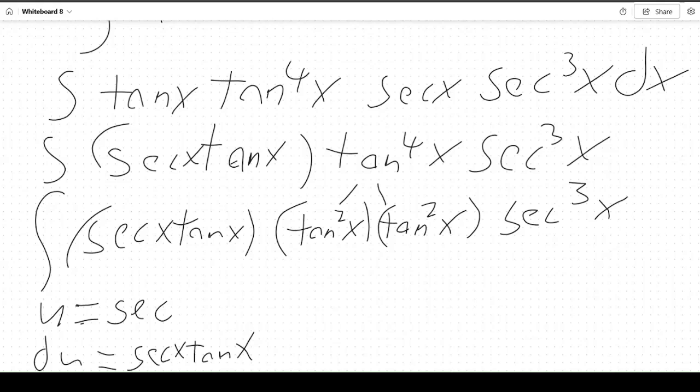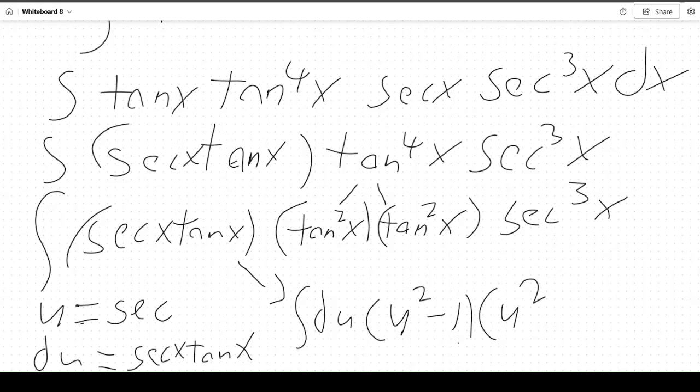So this would be the du. tan squared x is equal to secant squared x minus 1. So this would be u squared minus 1. And then another one because we have another tan squared x.